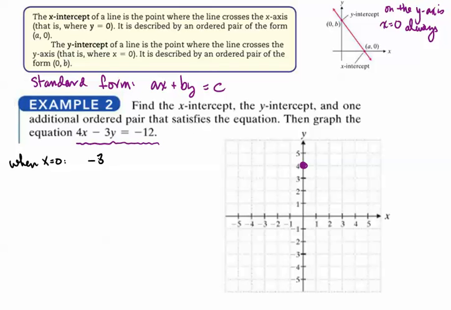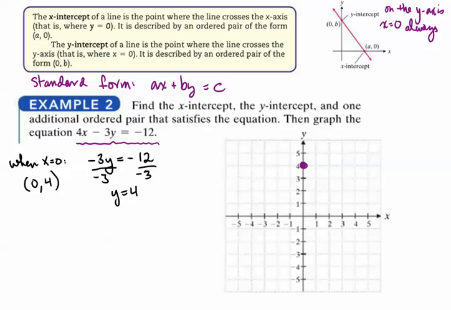That whole term is going to go away, and we simply end up with negative 3y is equal to negative 12. We divide by negative 3, and we end up with y is equal to 4. So when x equals 0, y is going to equal 4 in this particular case, and we have the point (0, 4), which is graphed already there on the screen.